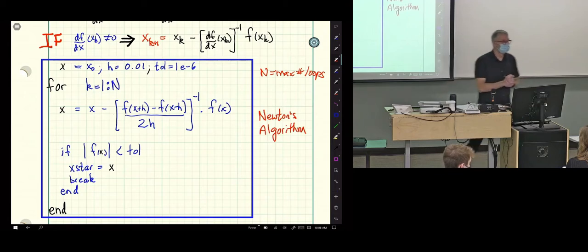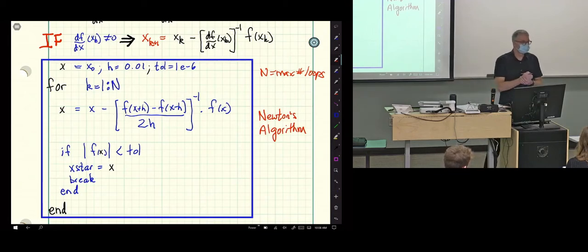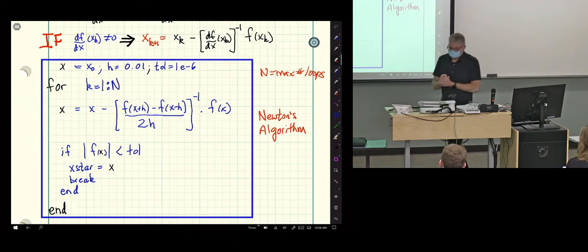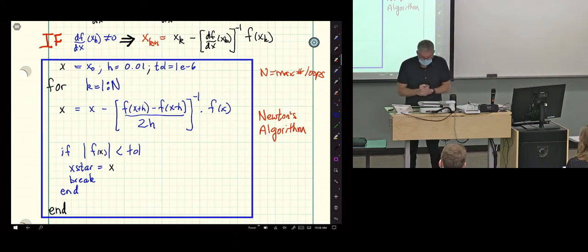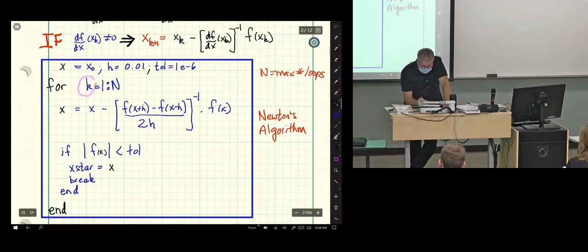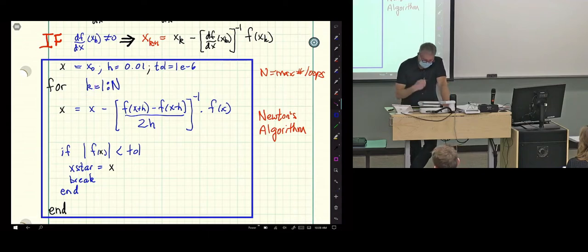Yes, please. So, for the for loop, is that k equals 1 to n? Is k even used inside the loop at all? I think the question is about the index, but it doesn't show up anywhere here. Yeah, so I'm just using that as a counter.